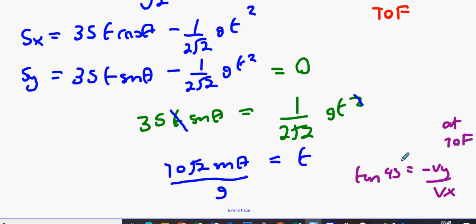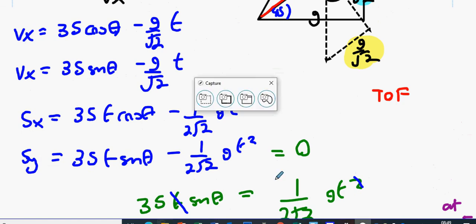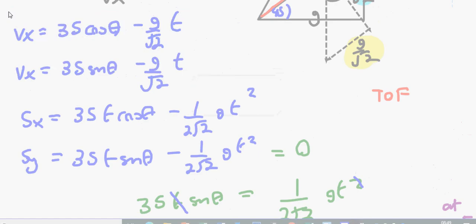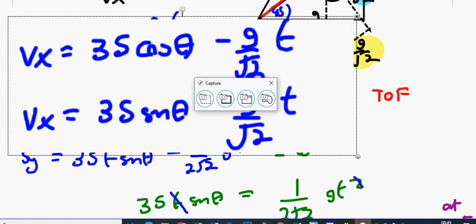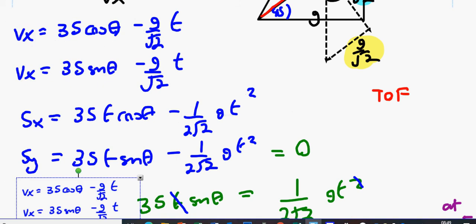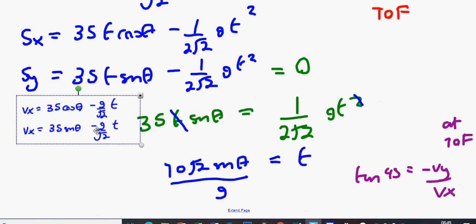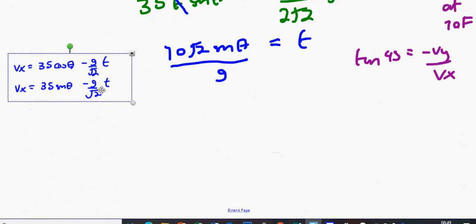So what 2 equations do I need to borrow from up here? These 2 guys here are coming with me. They're coming down here, and they're going to come with me to do this part of the question. Okay. Next part.